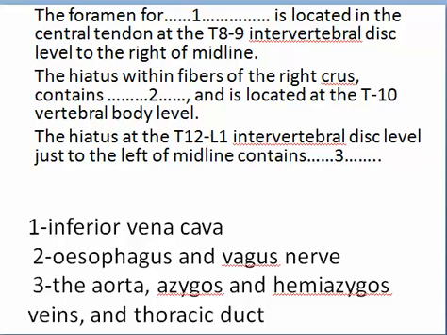The hiatus within the fibers of the right crus contains the esophagus and vagus nerve, and is located at T10 vertebral body level.